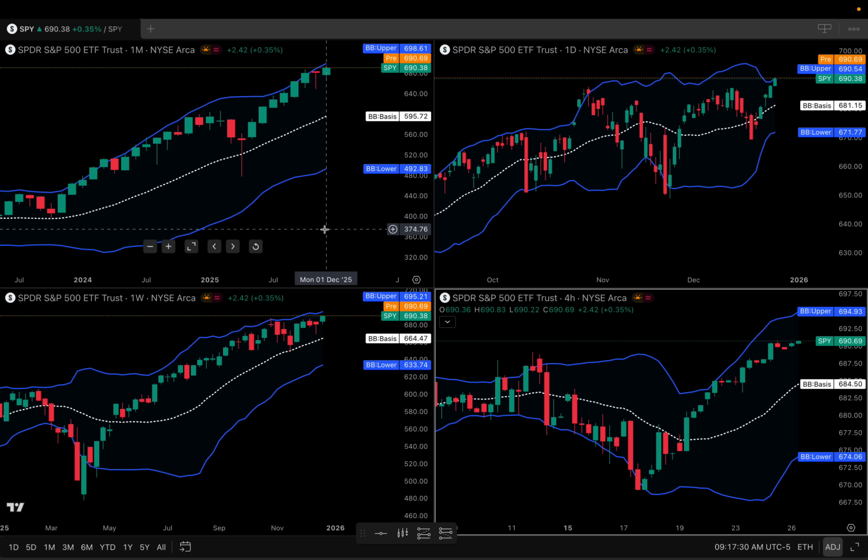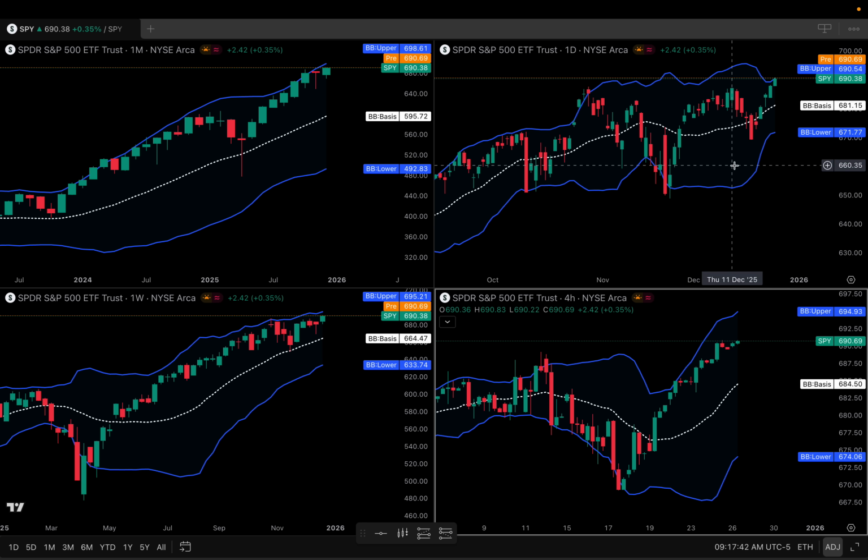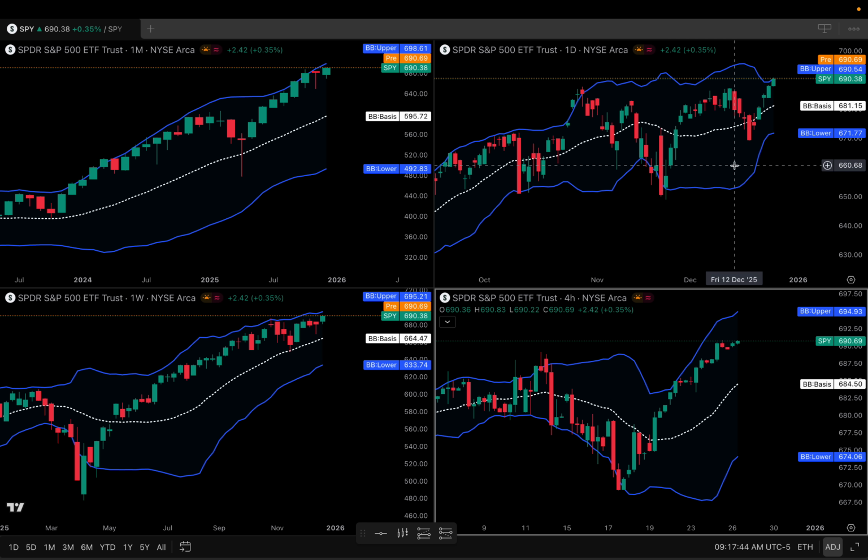The next thing I check is targets and the magnet levels. The key magnets are usually the basis and the upper and lower bands on the 4-hour and the daily time frame. Sometimes the weekly and the monthly basis matter too if they're nearby. These magnets help me pick realistic target 1 and target 2.